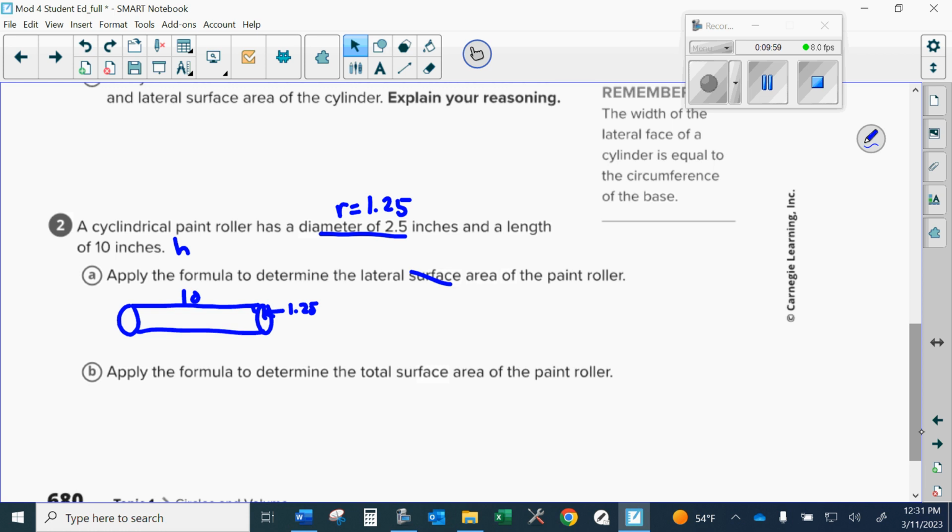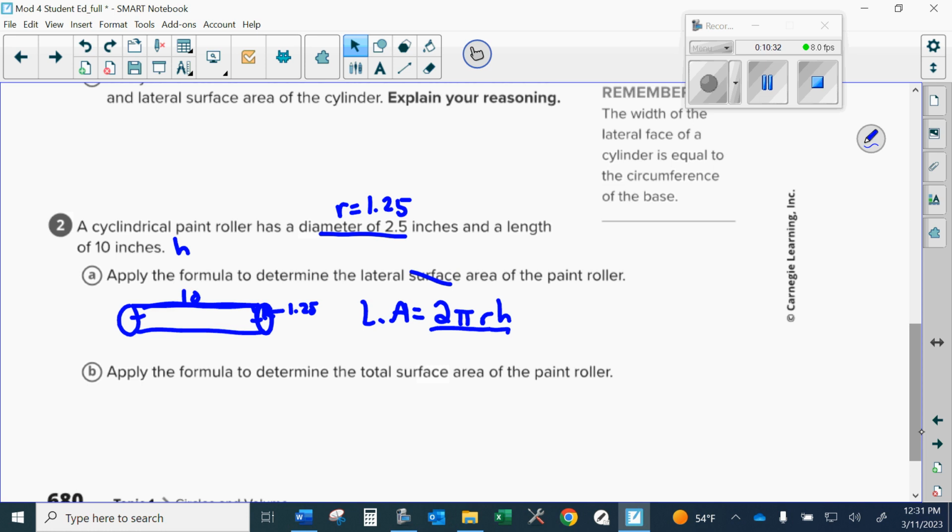So the lateral area for cylinders is 2 pi r h. Remember, if I make a little slit there and unroll, it's a rectangle. The length all the way around of that rectangle is 2 pi r, that's the circumference of the circle, and then times that h right there.